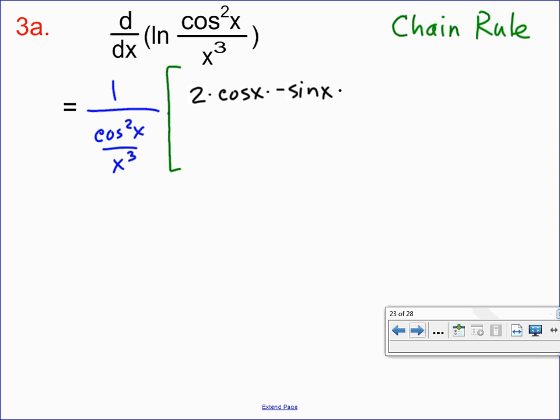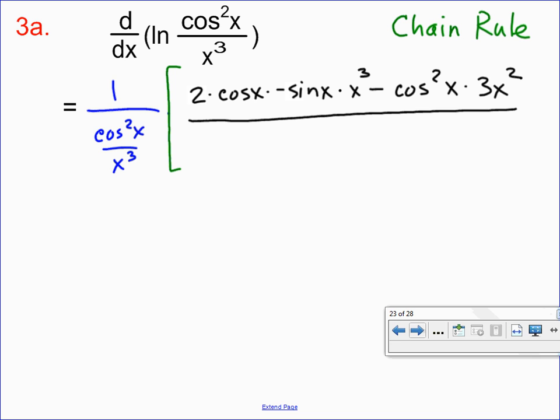So that's the derivative of the numerator times the denominator, as is, that's x cubed, minus the numerator, that's cosine squared of x, times the derivative of the denominator. What's the derivative of the denominator? Well, it'll be 3x squared, all over the denominator squared. So the denominator squared then would be x cubed squared, which would be x to the 6th.